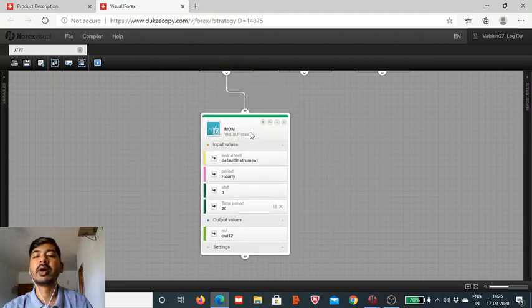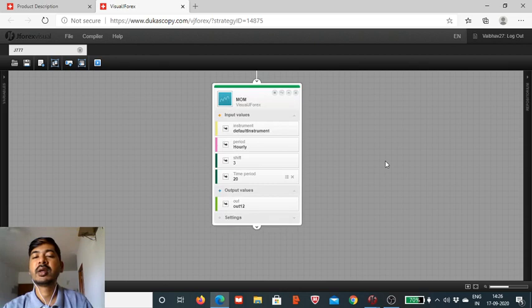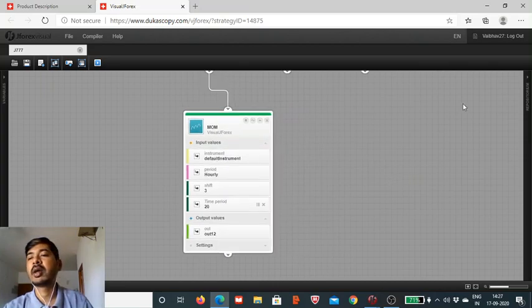You can put it in the if block and define the necessary conditions, other conditions which will need to be compared, and an assessment made whether the conditions are being fulfilled or not, depending on which the flow will continue. So that's how this indicator works, and you can use it, as I said earlier also, standalone or in conjunction with other indicators, and this is an extremely useful indicator to work with.